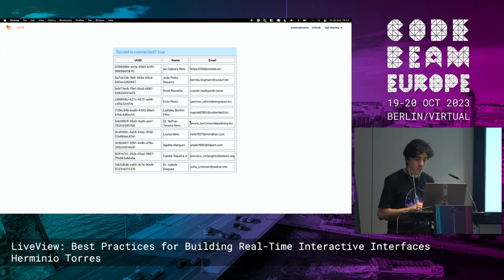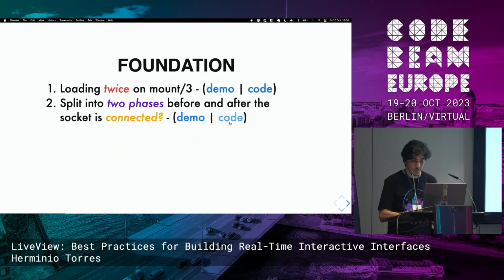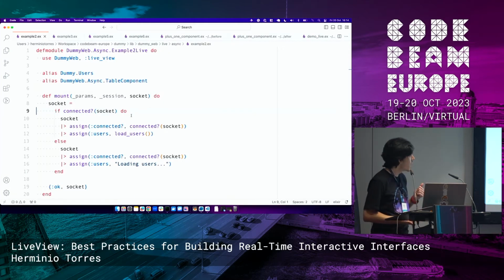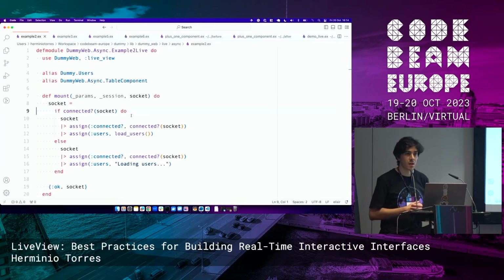So I keep using the mount, but I use this function to see whether the socket is connected or not. So here I have the strategy to avoid loading when the socket is not connected yet, to not increase the payload in the socket.